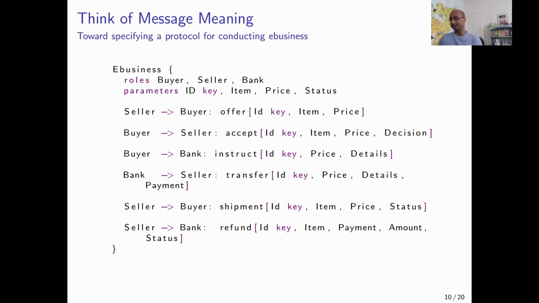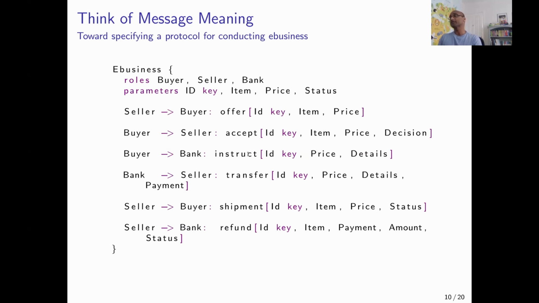The parameters sort of, in a sense, embody the basic meaning of the offer. That offer involves offering an item for some price. Accept means, there is an item, you accept some item for some price with some decision that you make. And it reflects the decision that you make. And the buyer can tell the bank to make a payment to the seller.